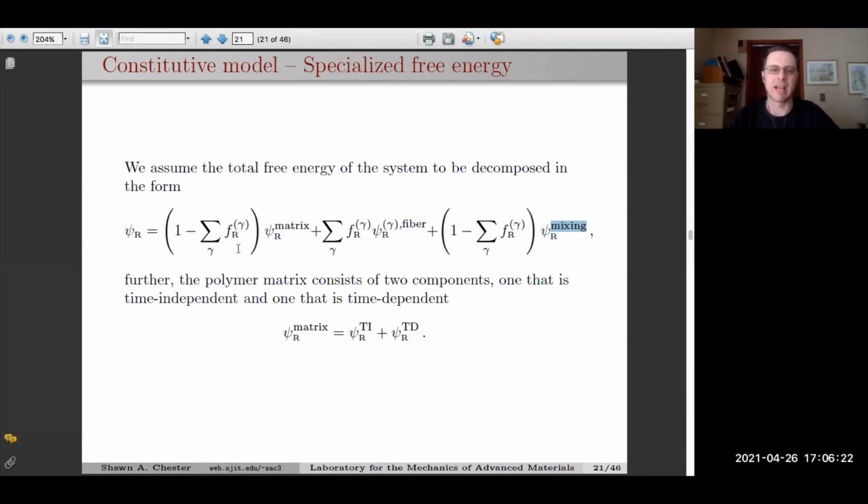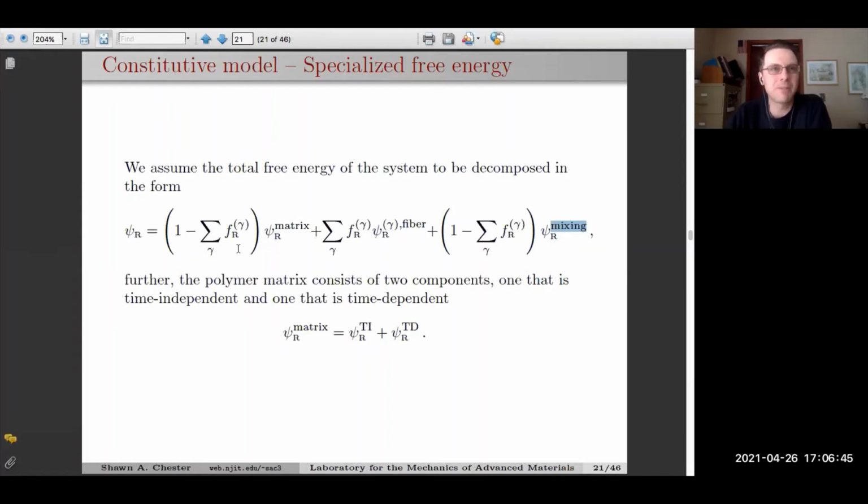And again, we've got fibers in a matrix, and each fiber can have its own volume fraction. So we take the polymer matrix now, and we say to ourselves, we had some experiments earlier, and it looks like there's a time-independent portion and a time-dependent contribution.